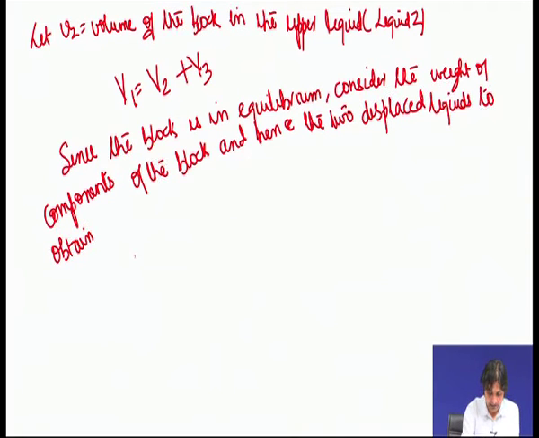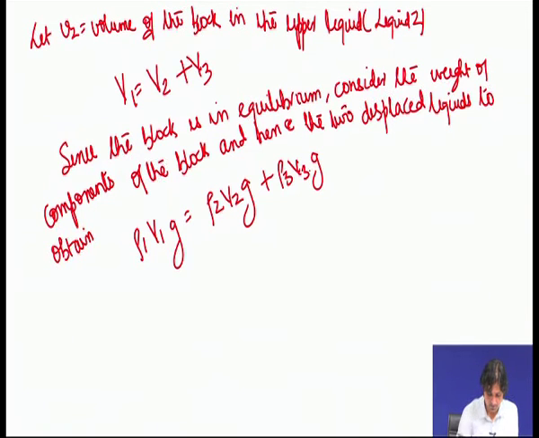So how do we get that? Rho 1 V1 G is equal to rho 2 V2 G plus rho 3 V3 G, right.